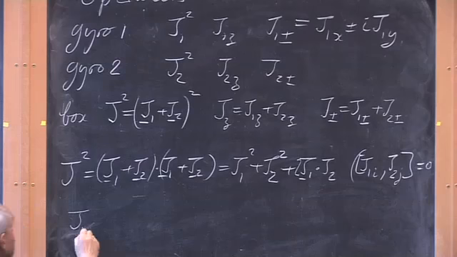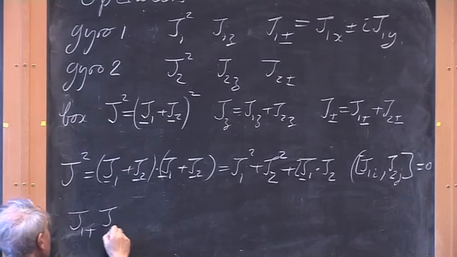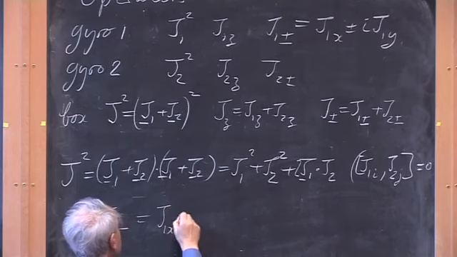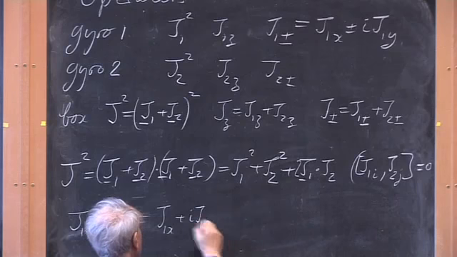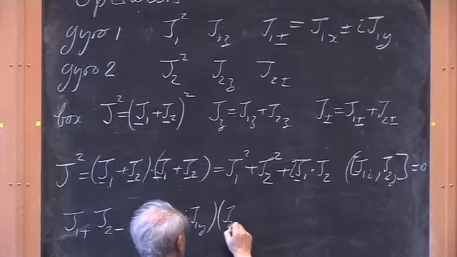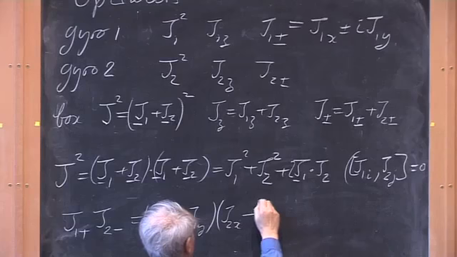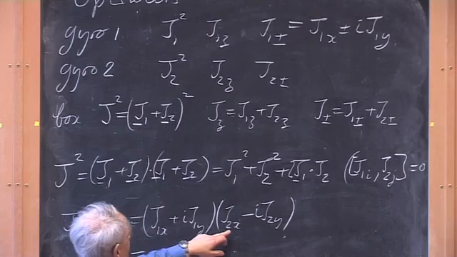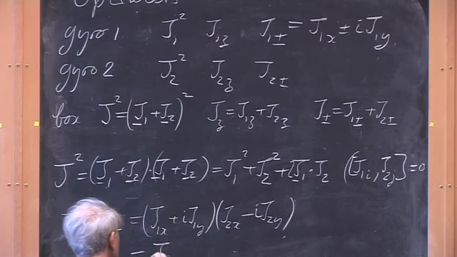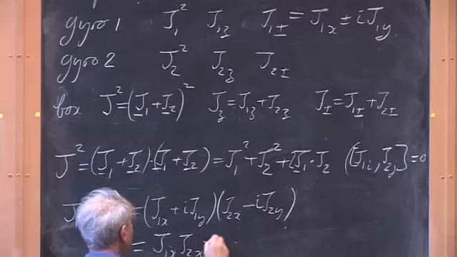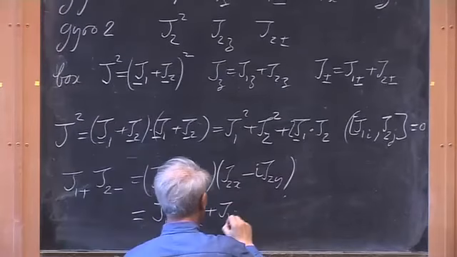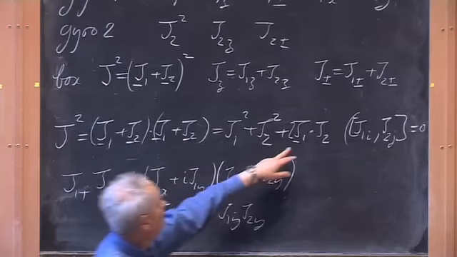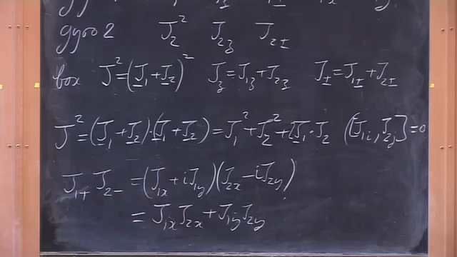And what I do is I say, let's consider J1 plus times J2 minus. That is (J1x plus i J1y)(J2x minus i J2y), which is going to be J1x J2x plus J1y J2y, which are two of the components buried inside J1.J2.